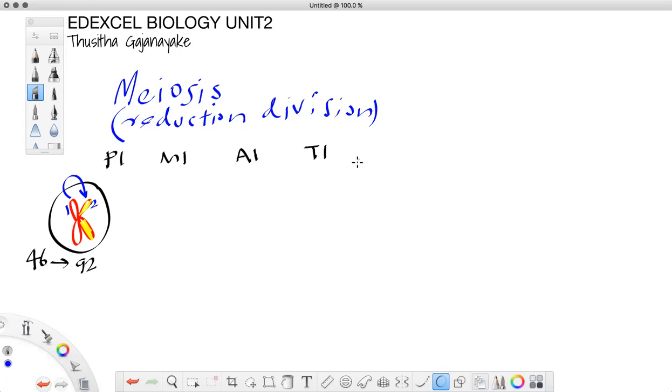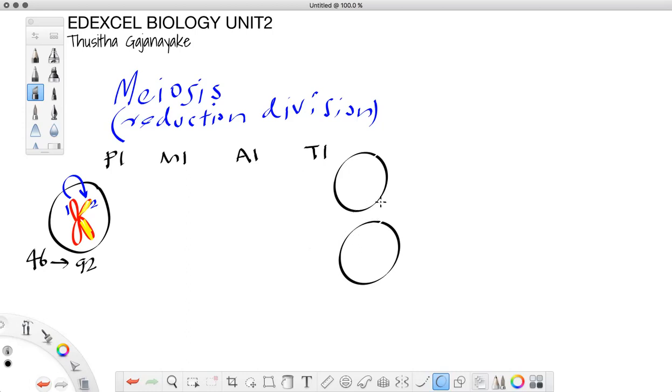If they make two cells at the end, 1, 2, what is the outcome? One gets 46, the other one gets 46.